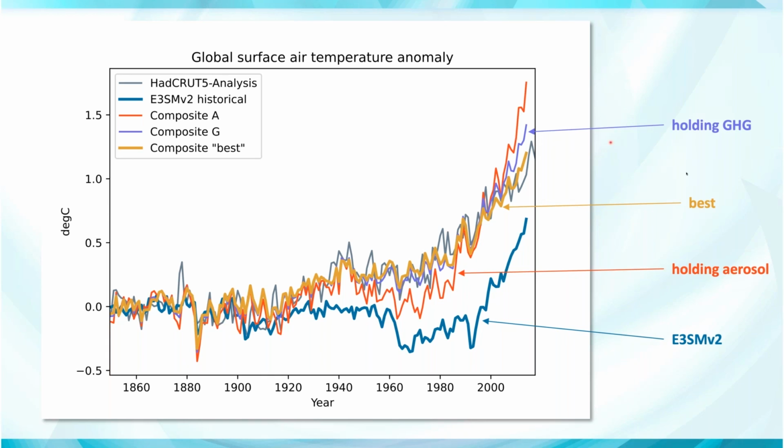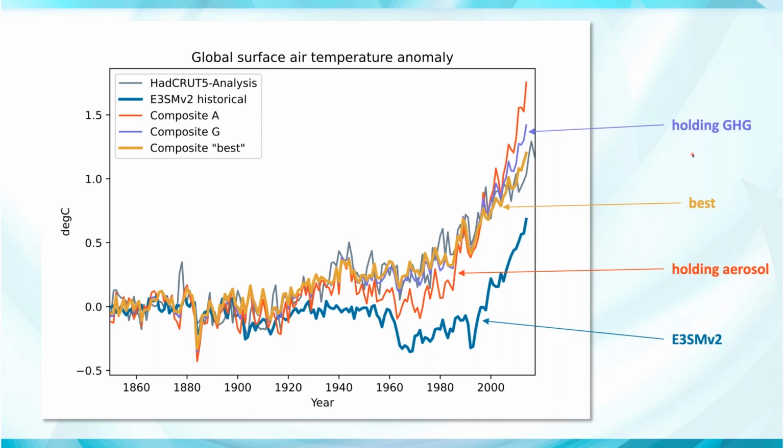So the two most promising approaches are the best and the holding. This one was a 25% reduction in greenhouse gas effect, and a 60 to 80% reduction in aerosol forcing, and this one is about a 60% reduction in aerosol forcing.